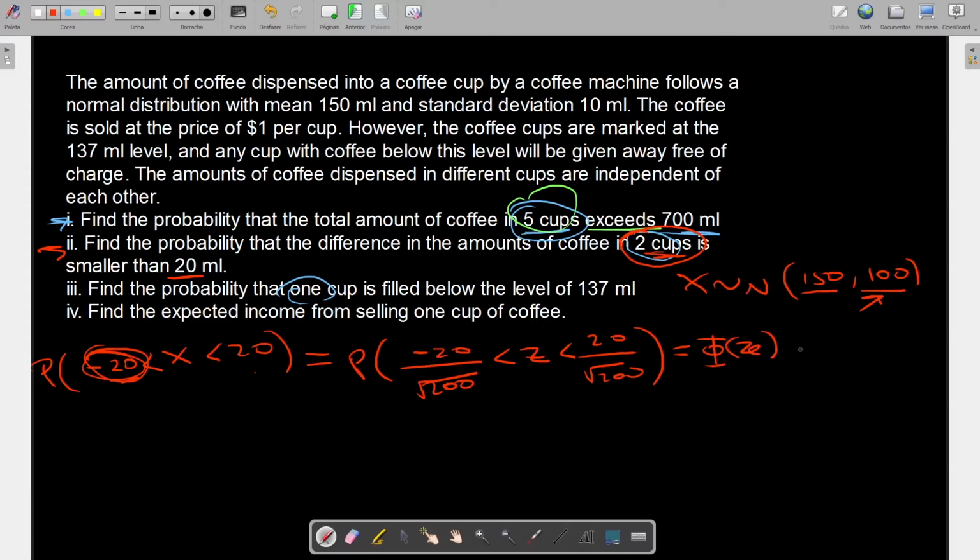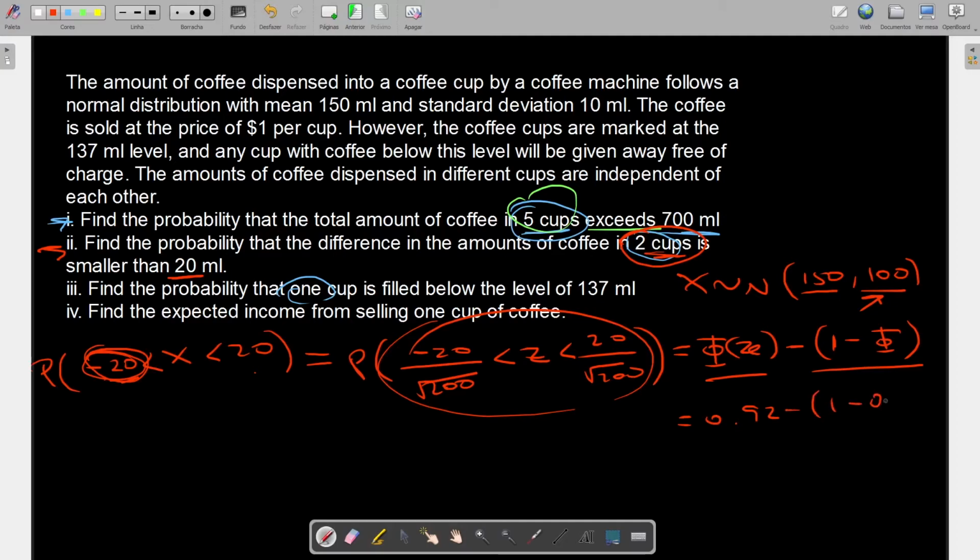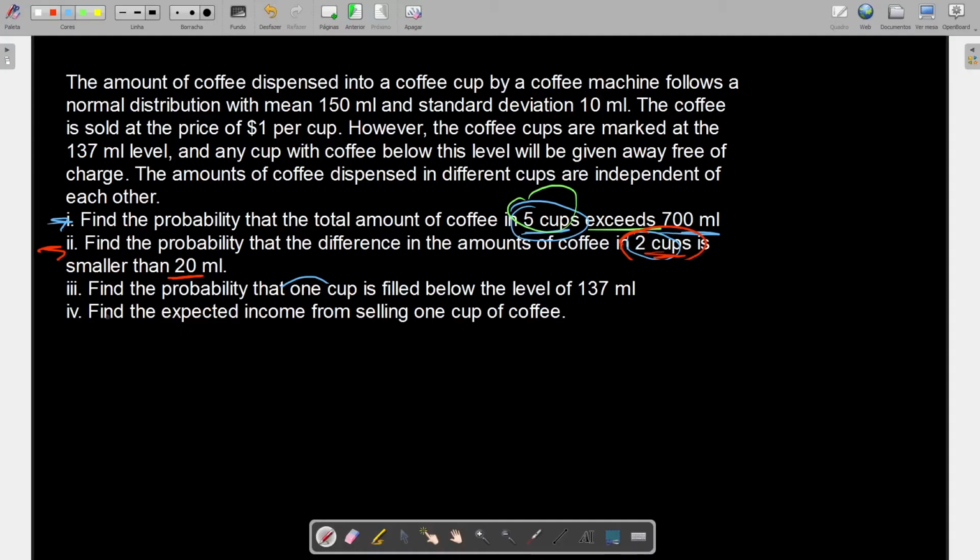So this is the entry that you find in the table, minus 1 minus this. You need to memorize this expression every time that you have a situation like this. This always leads to this result. So this is the same thing as having 0.92 minus 1 minus 0.92. And this will give you the value of 0.84.